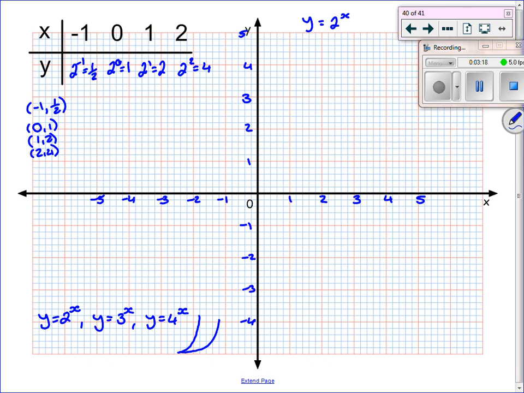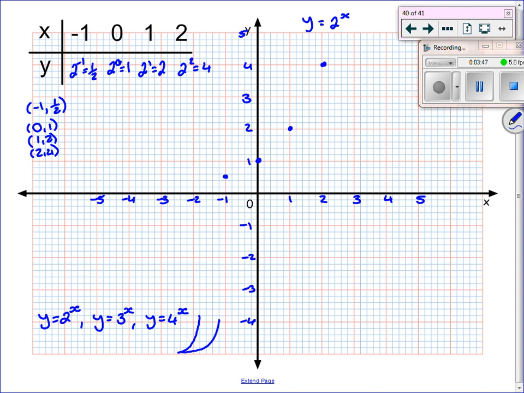So the first point I want to plot is minus 1, a half. Now minus 1, a half is going to be here. 0, 1 is here. 1, 2 is here, and already you can see that's really picking up speed. 2, 4 is here.